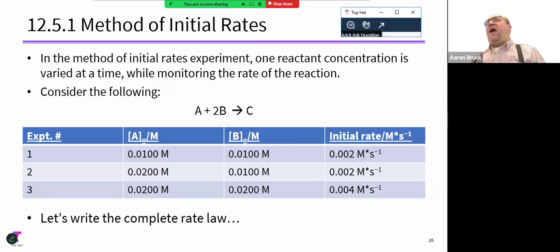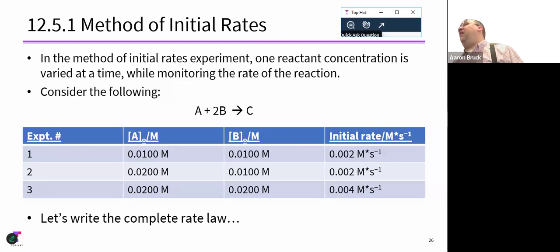We're going to run the reaction several different times. And each time we run the reaction, we're going to change something a little bit different about the experiment itself. So if you look at these 3 experimental runs, you can see that we've done run number 1 and established a baseline. We've done run number 2 where we changed the concentration of one of the reactants. And then in run number 3, we changed the concentration of a different reactant.